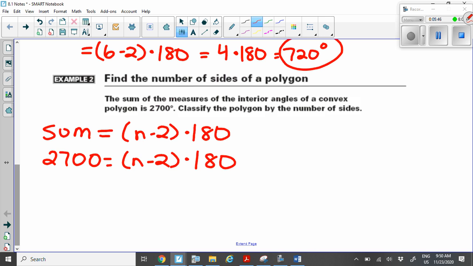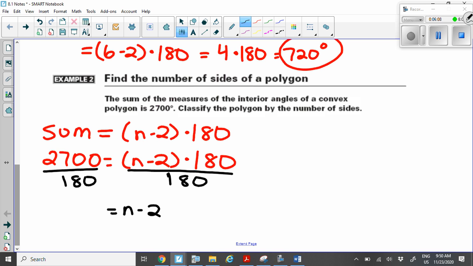Notice this is just a multi-step equation. The first thing we need to do is get rid of that 180. It's doing times 180, so what's the opposite of multiplying? That would be dividing. So we divide both sides by 180. Once again, you can use your calculator: 2,700 divided by 180 gives us 15.